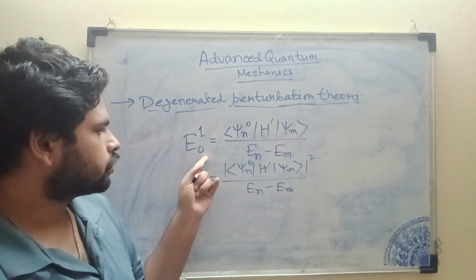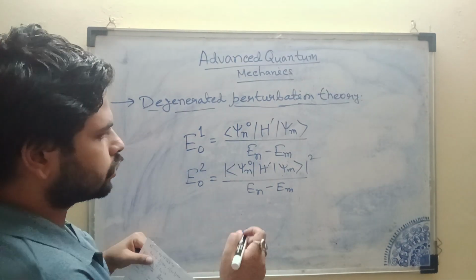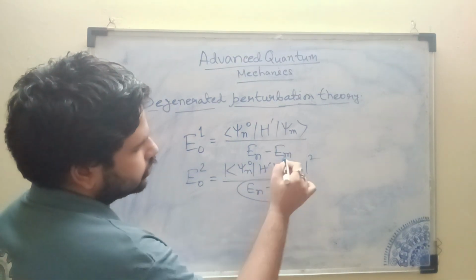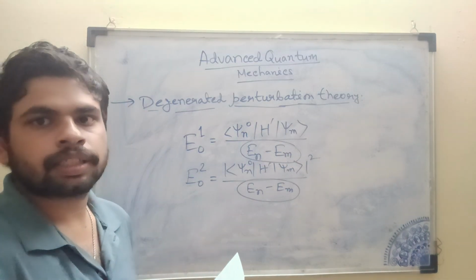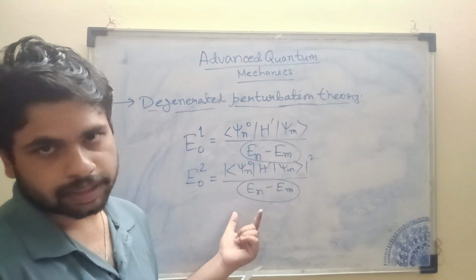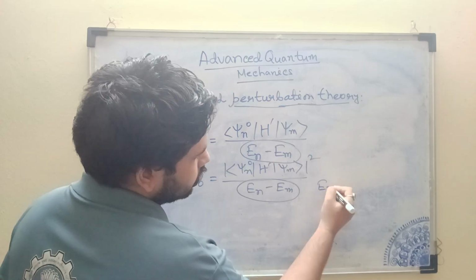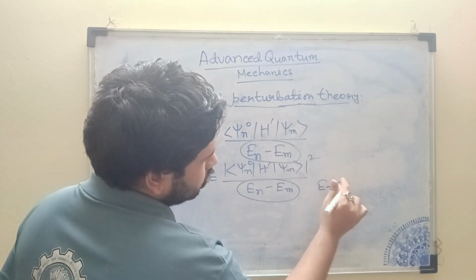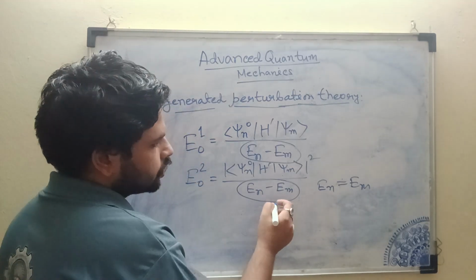So in the first order and the second order perturbation theory, we easily see that there is an energy difference between two energy states, which represents the denominator for both the cases. But when it comes to degenerate cases, it will become zero.